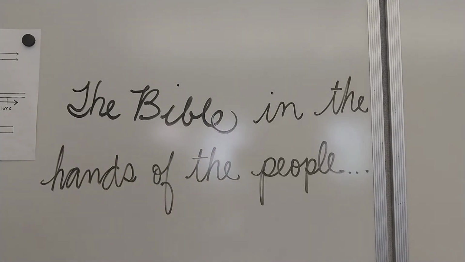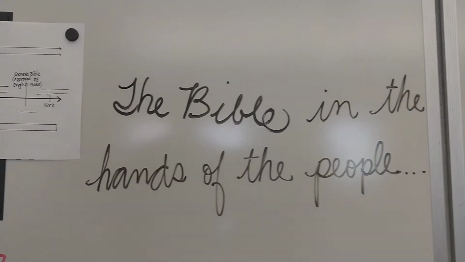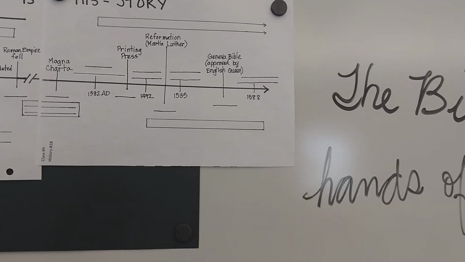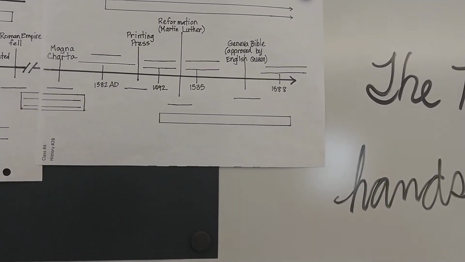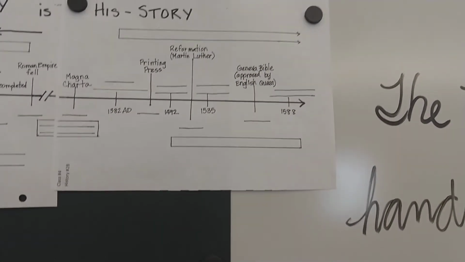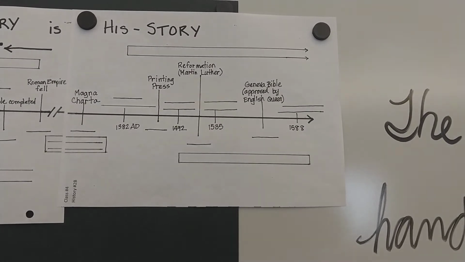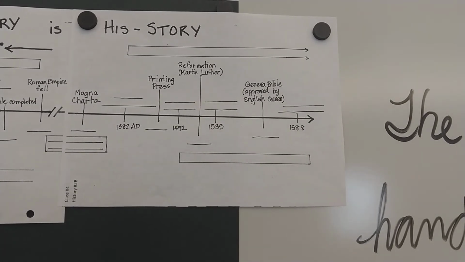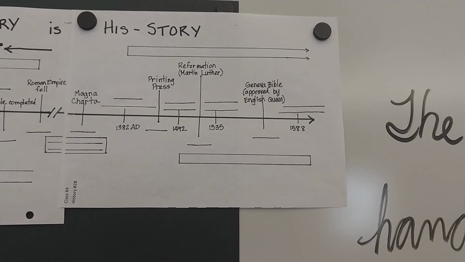And we actually have one more Bible to put on our timeline. Go back over here. The Geneva Bible. This was the Bible that was approved by the English Queen. So this is the Bible that people could read legally without getting in trouble. Those other translations, if you owned one of those Bibles, you could be in big trouble.